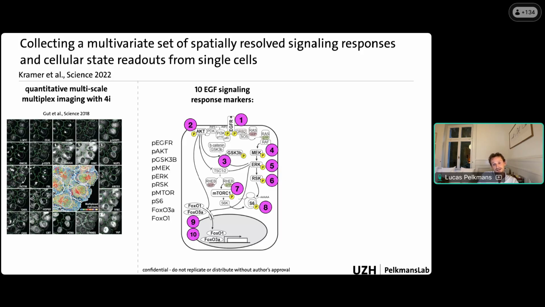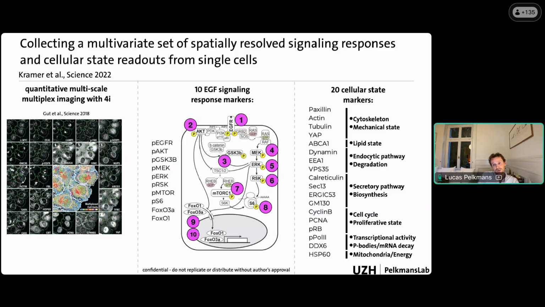So the active states of multiple signaling nodes in a typical growth factor response network, as illustrated here. But then we also multiplexed in the same cells multiple markers of the cellular state. These are markers related to the cytoskeleton and the mechanical states, also the endomembrane system, cell cycle, proliferative state, etc.